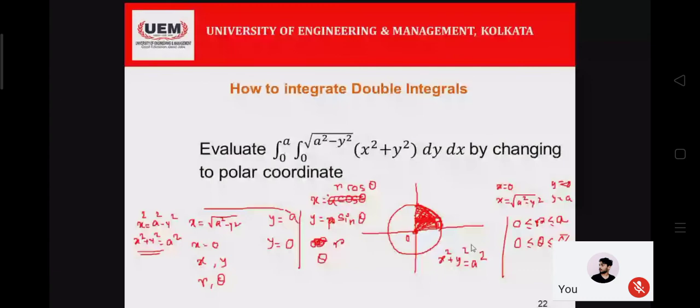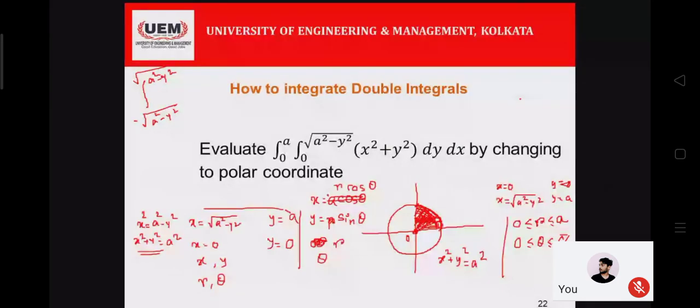Suppose this limit was not from 0. Suppose this limit was from this. Then what will be the changes in your calculation? Only this limit, and this is 0 to a.